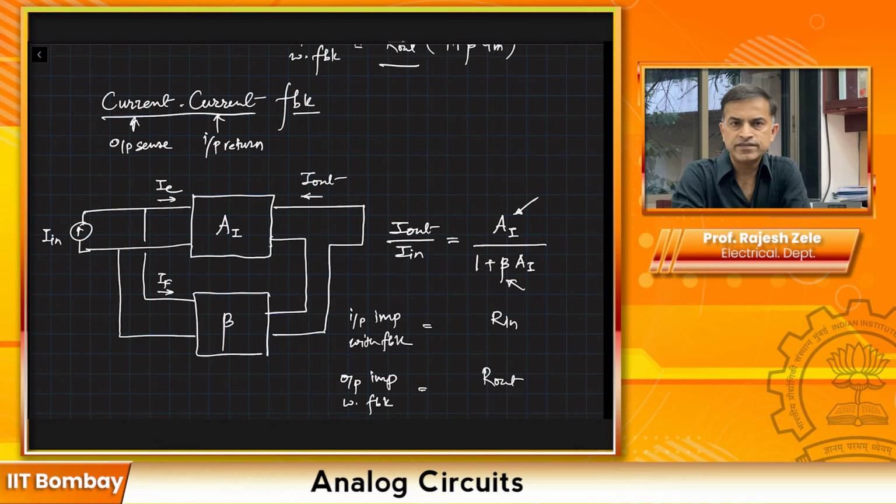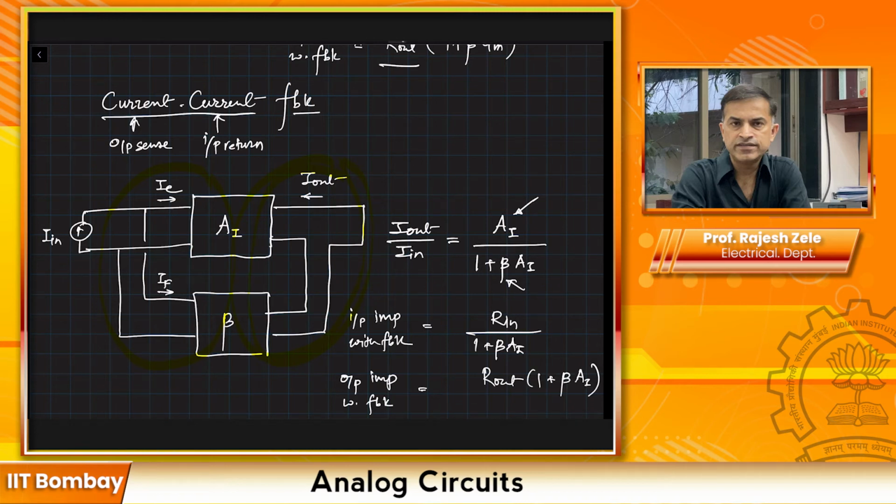So input impedance with feedback should reduce by the factor 1 plus beta AI, purely because things look like they're in parallel. At the output, we see things are in series. There is a series connection here, and here you see things are connected in parallel. So at the input, with feedback, the input impedance will go down by 1 plus beta AI, and at the output, since the connection is in series, it will go up by a factor of 1 plus beta AI.